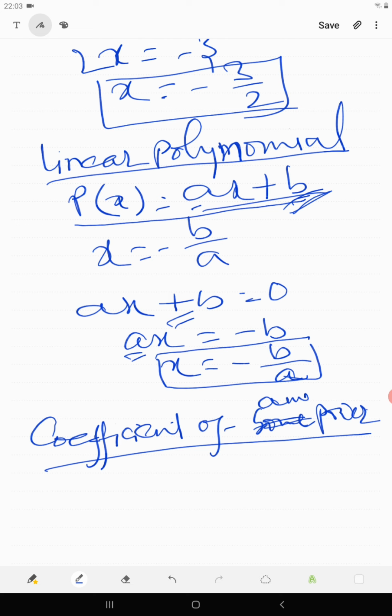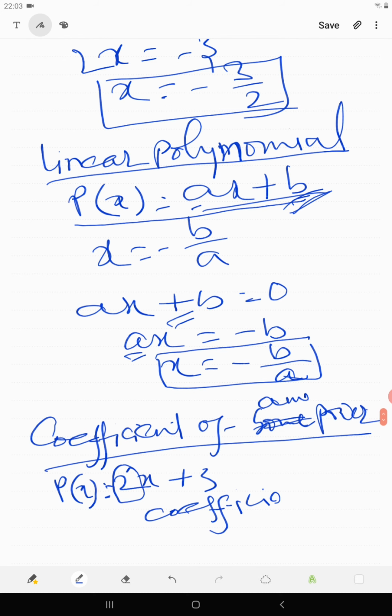What is the coefficient? Suppose we take a linear equation, p(x) equals 2x plus 3. Here the coefficient of x is 2, and 3 is the constant, of course.